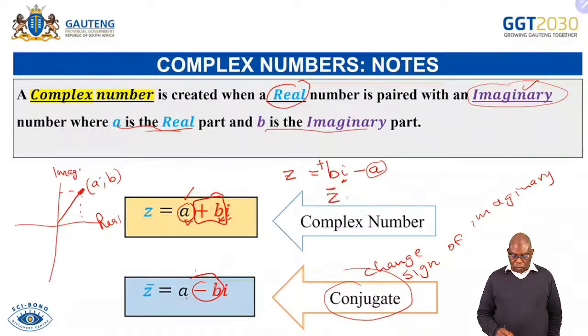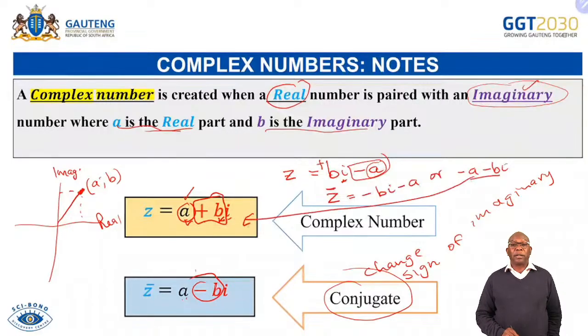So the conjugate of BI minus A will be minus BI minus A. Never change the real part. Or you can just write it as minus A minus BI. Okay. All right.